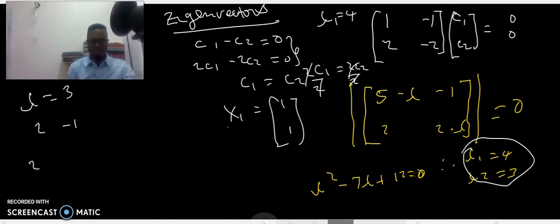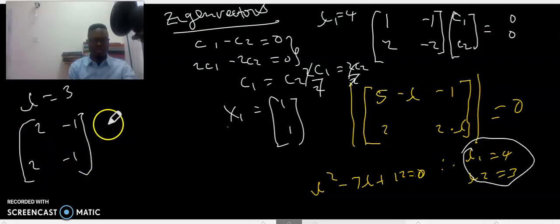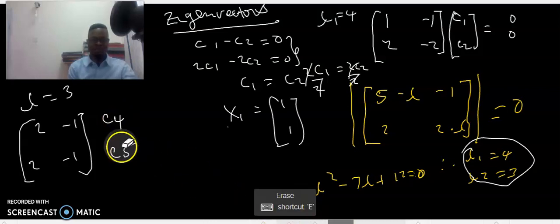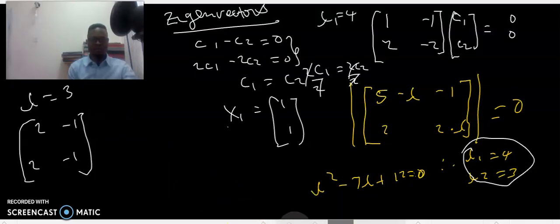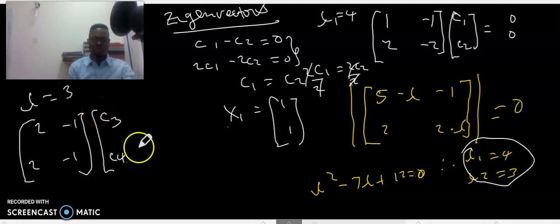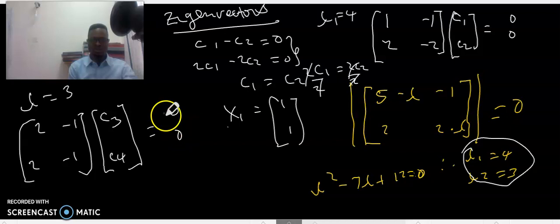And this will be equal to some vectors. Since we have c1, c2 here, we can call it c3, c4 as our vectors. So this becomes c3 and then c4, and this must be equal to 0, 0.